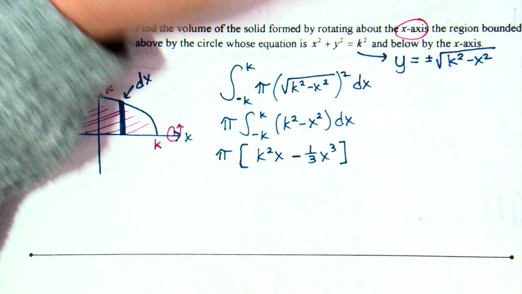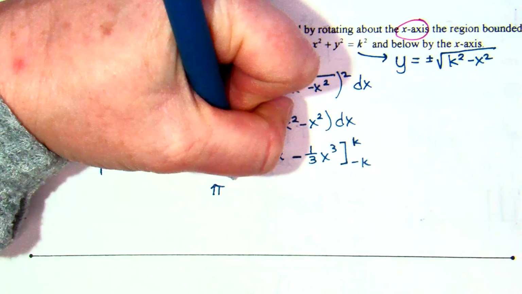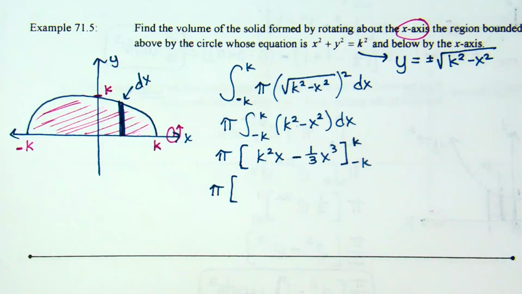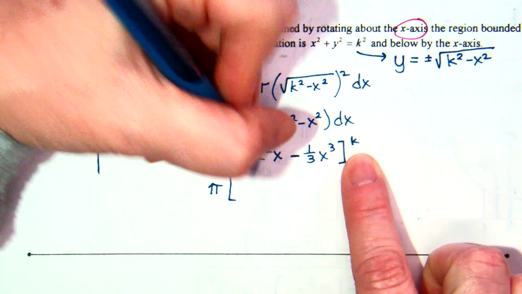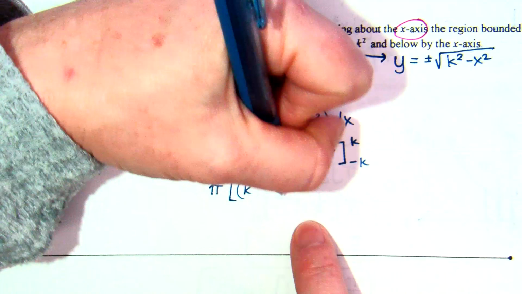Okay. Pi out front. The first time through, I'm putting in k. k squared times k is going to be k cubed minus 1/3 times k to the third, which is 1/3 k cubed, in parentheses, minus, begin the next parenthesis.